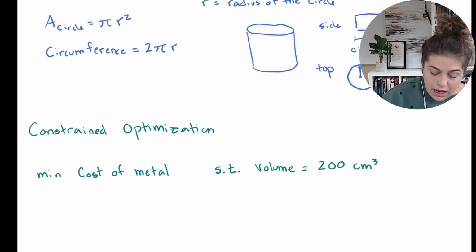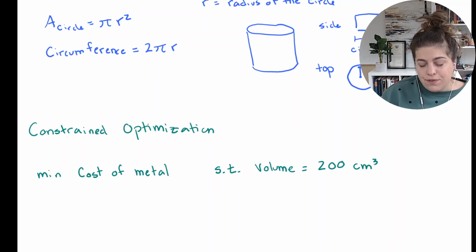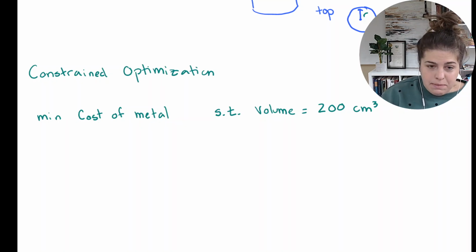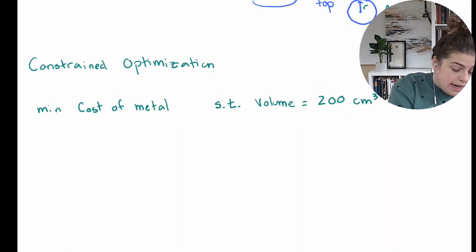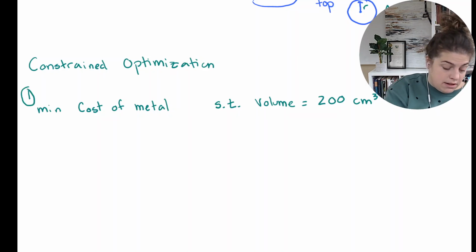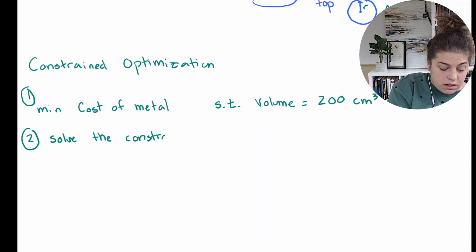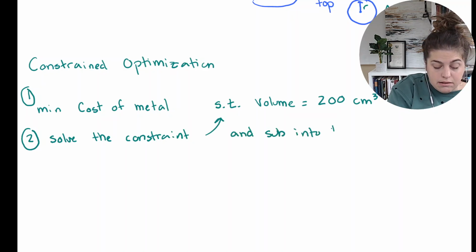Okay. We have to have formulas for each of these things in order to go through and do the math part of this problem. In constrained optimization, step one is to get our equations. Step two is to solve the constraint formula and sub into the main formula.